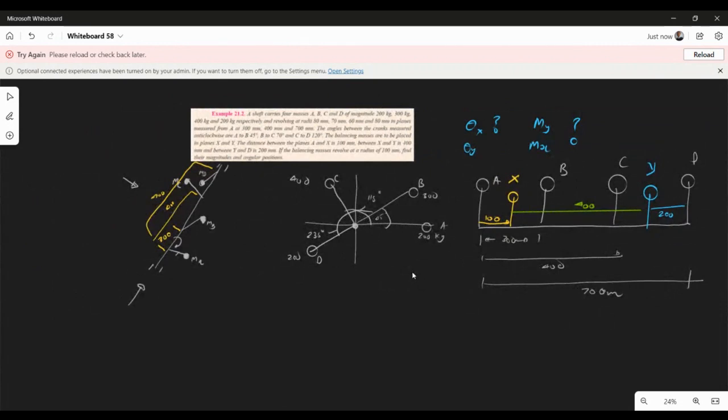Do you all understand the question? Can we see what's going on? Can we all see what's going on? Any questions so far? Before I move on.